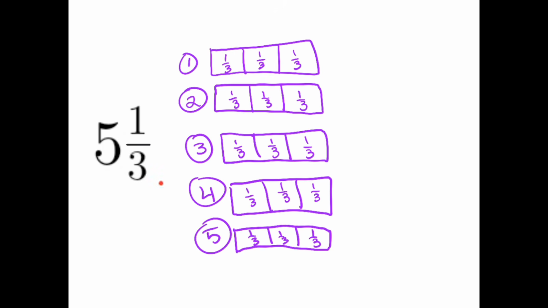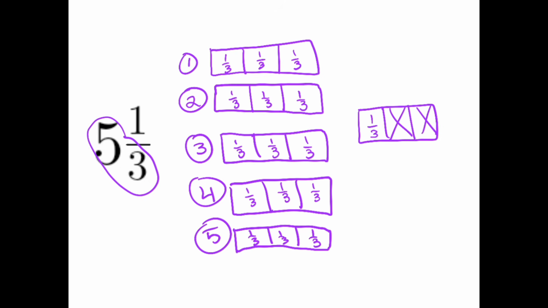Now let's focus on the 1/3. All right, so let's do one more whole, but we are only going to use one of them, this one here. Remember, the rule is to multiply your whole by your denominator.